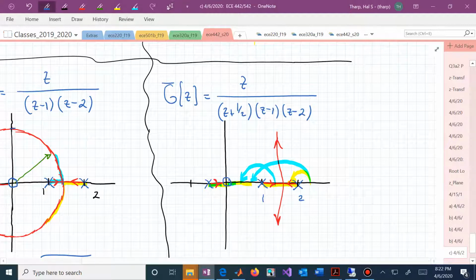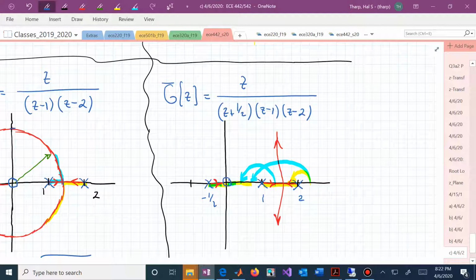If we look at the line segment between -1/2 and the origin, now we have the two poles on the right making an angle of 180. We have the 0 making an angle of 180. We have 180 minus 180 minus 180.